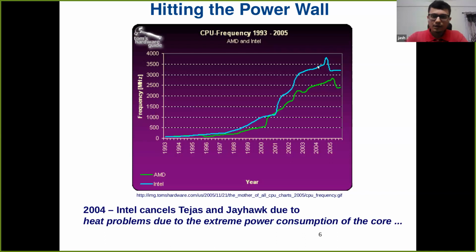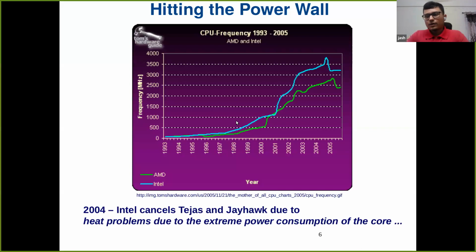After a particular point, you can see a flat line coming. The issue is the same: there is this heating problem and we can't just increase the clock frequency beyond a particular point. Due to this, even Intel had to cancel some of its processors because of the extreme power consumption and heating problems.